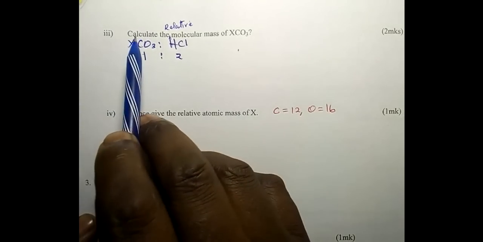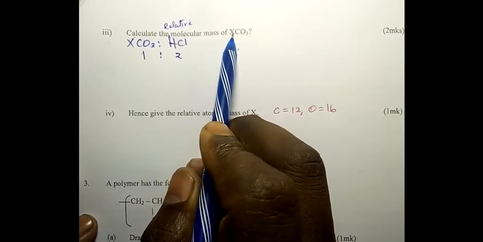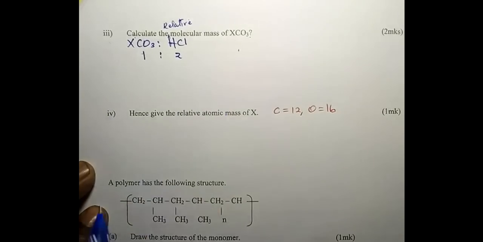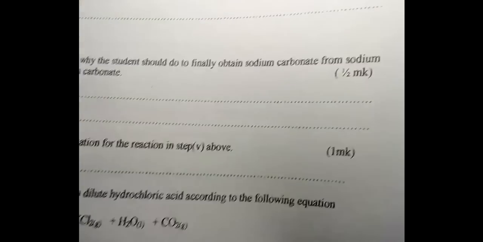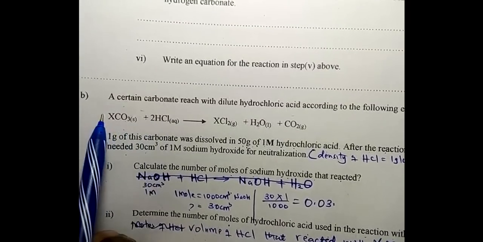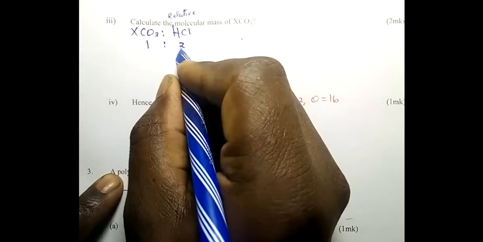Next question, calculate the relative molecular mass of X carbonate. Relative molecular mass, RFM, of X carbonate. Now, we know that from the equation, the mole ratio of the X carbonate to HCl is 1 to 2. That's what I've written here. But we know the number of moles of HCl was 0.02.